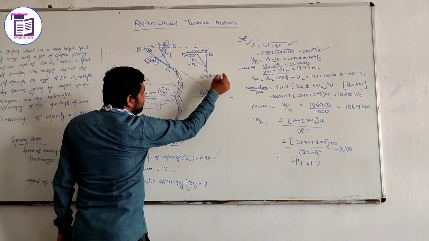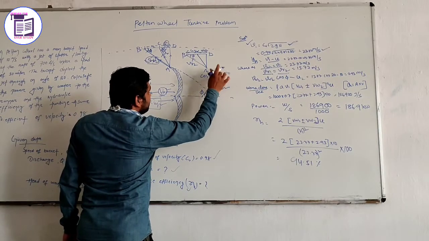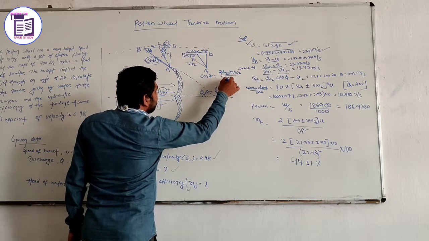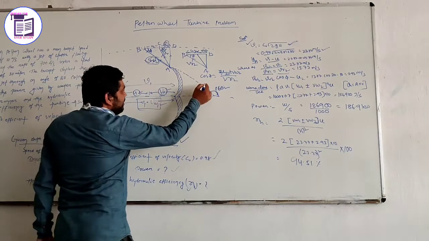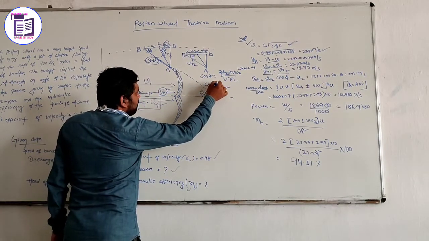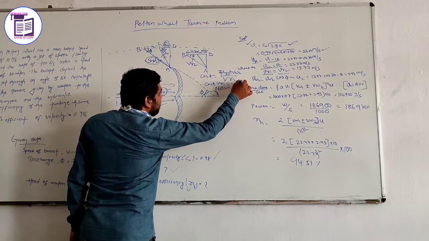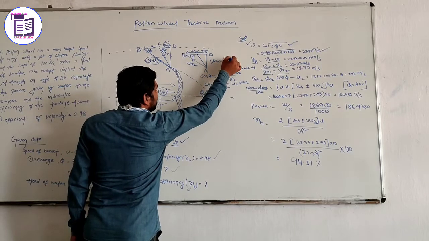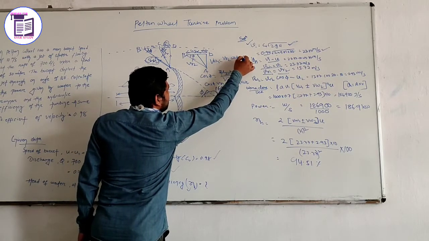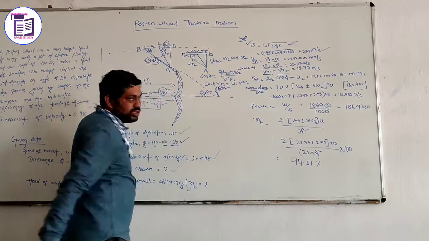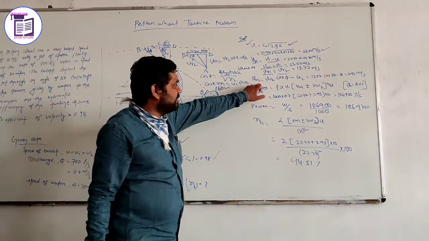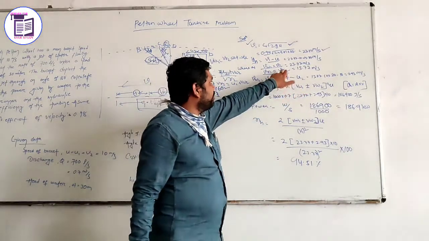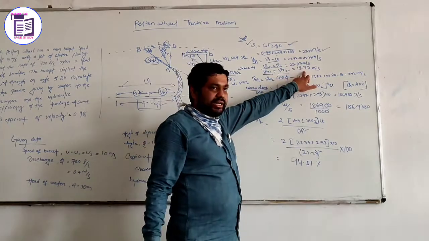So cos phi is equal to U2 plus VW2 by VR2, and you can also write VR2 cos phi is equal to U2 plus VW2, or also you can write VW2 is equal to VR2 cos phi minus U2, or U, because U is equal to U1 and U2. So VW2 is your VR2 cos phi minus U2, and the VR2 value you have taken already. VR2 is equal to VR1 and the value is 13.77.